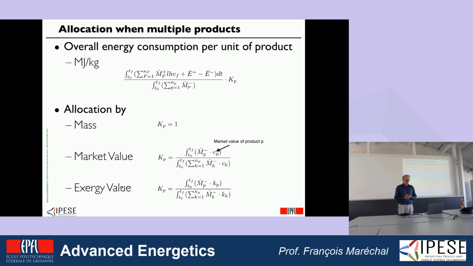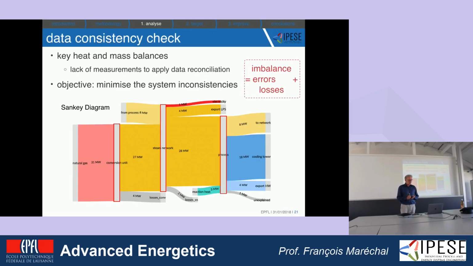And I will conclude by the fact that it is important to make afterwards a consistency check at the system level. So it means that you will look at what is the amount of energy that is entering, and what is then afterwards leaving the process in form of cooling, in form of export of heat, or in form of recycling here.